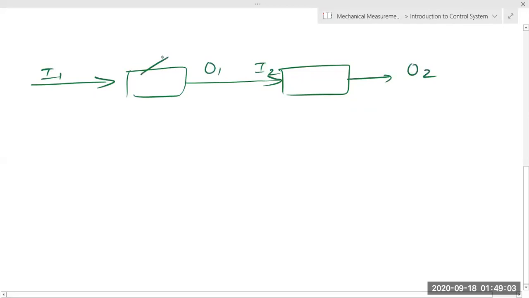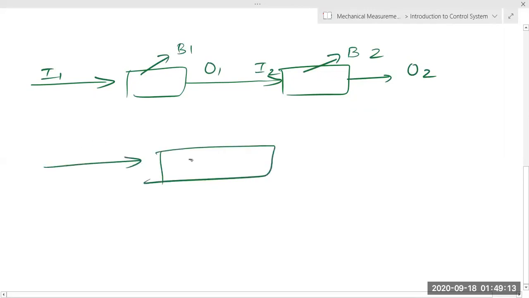In this we can see there are two blocks, B1 and B2. Now if we want to reduce these two blocks into a single block, with one input and one output, I1 is the input and O2 is the output.